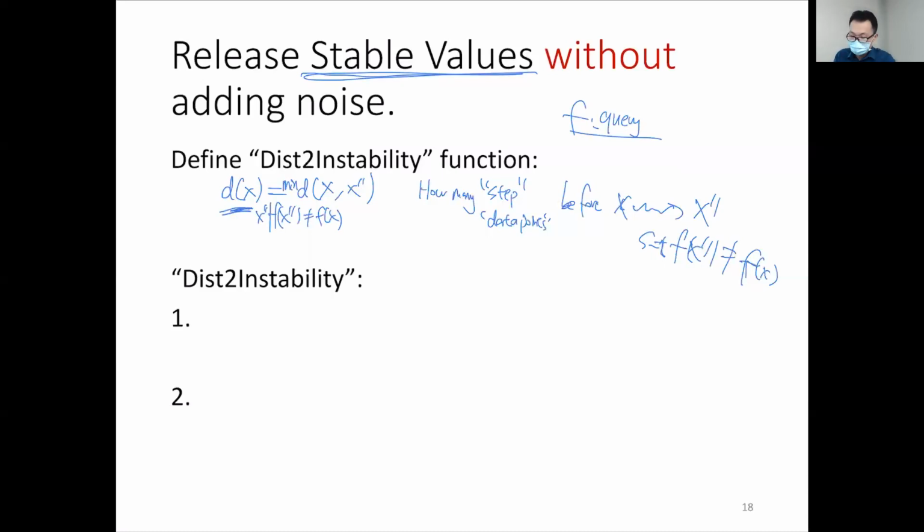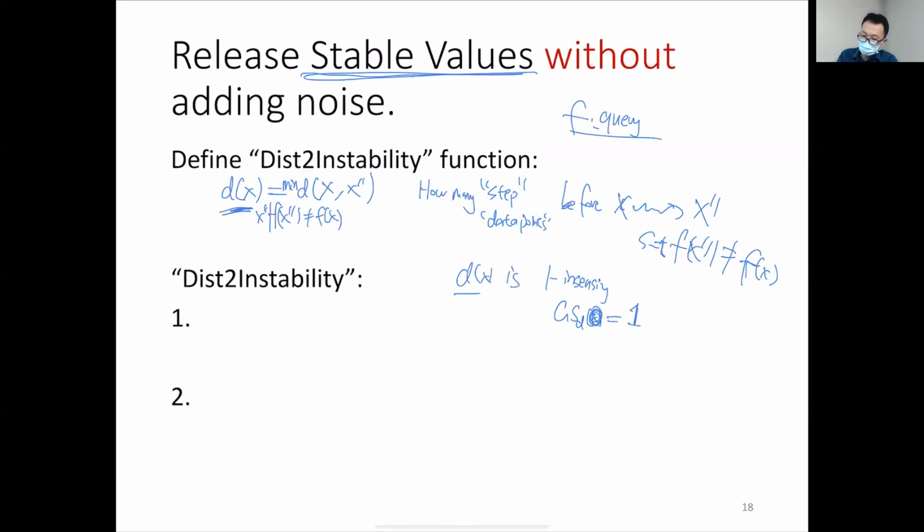So this function d of x is 1-insensitive, or the global sensitivity of d, GS of d, is 1.